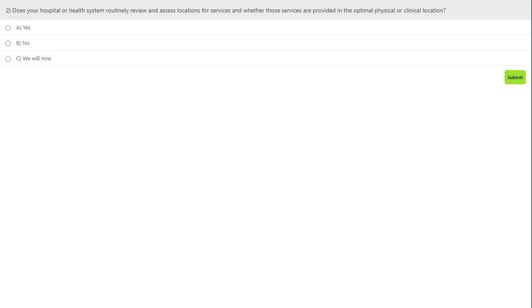Yep. But it is absolutely one of the key tenets of what we're going to be talking about today. It's almost a baseline necessity to assess your physical locations and their status today, and then have that baseline assessment at the ready for when you start to have conversations about the need to relocate clinical services, leaving aside compliance issues for existing non-compliance, let alone future planning.